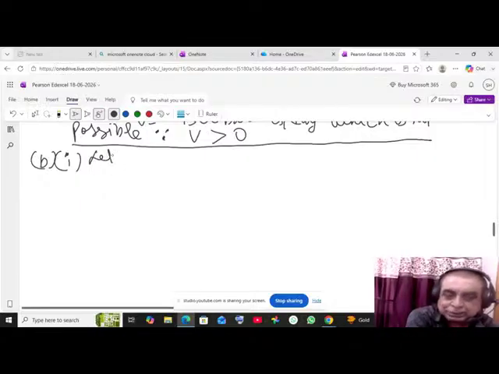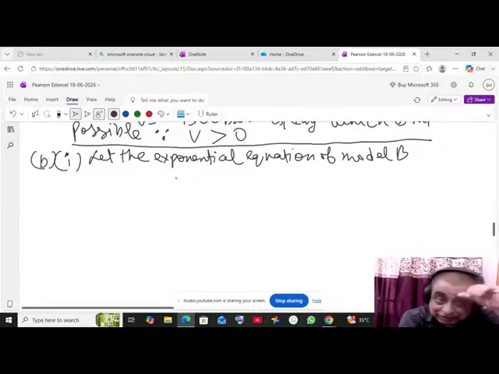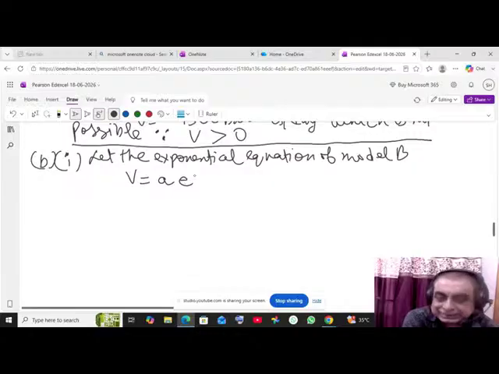Let the exponential equation of model B be as follows. The exponential equation is like this: V is equal to a multiplied by e to the power of k times t.